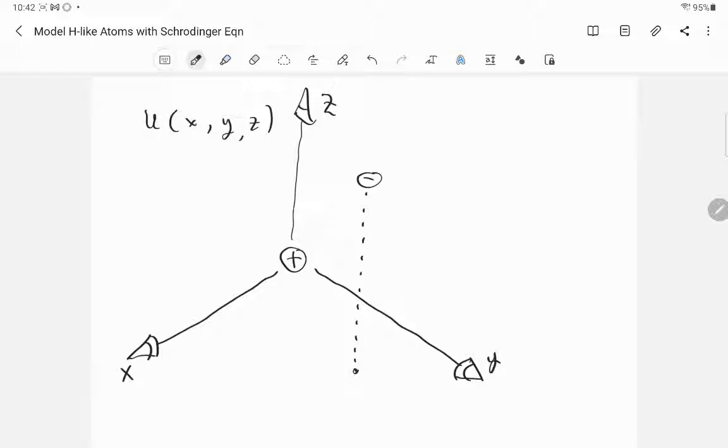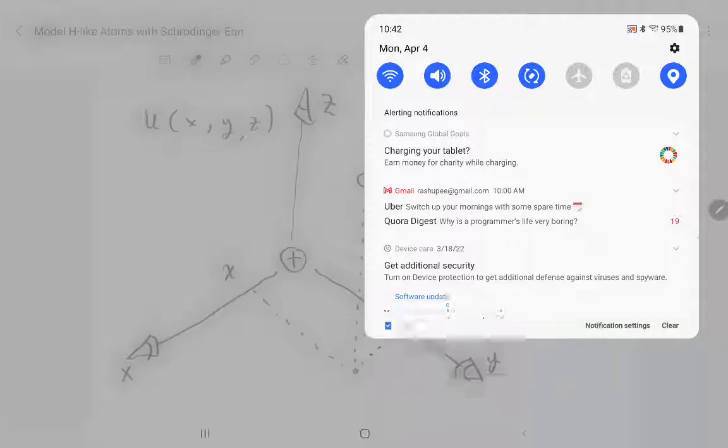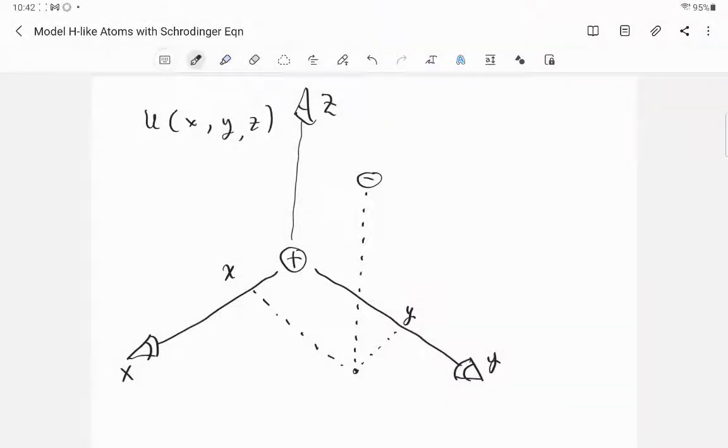So the y coordinate is here, and the x coordinate is here, and the z coordinate, you have to be somewhat careful, because you have to follow the axes back, but the z coordinate is actually kind of high.